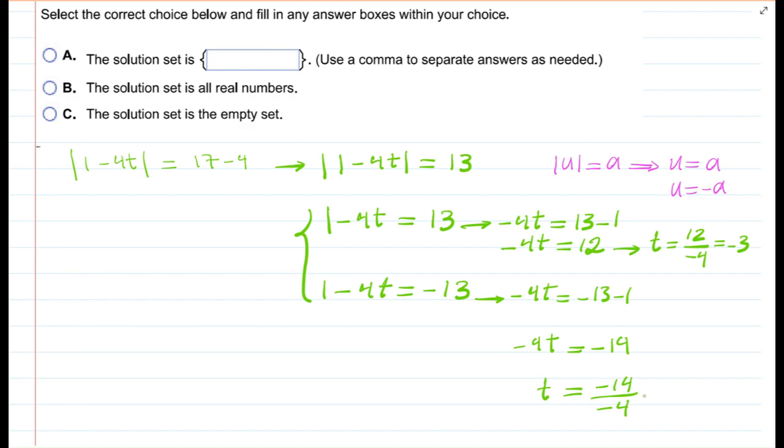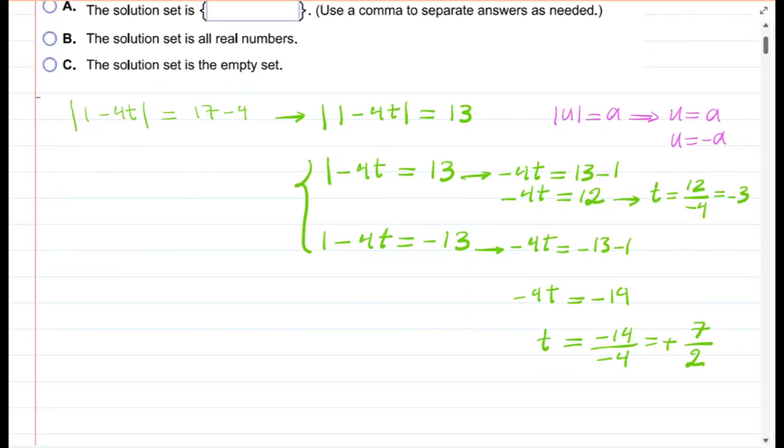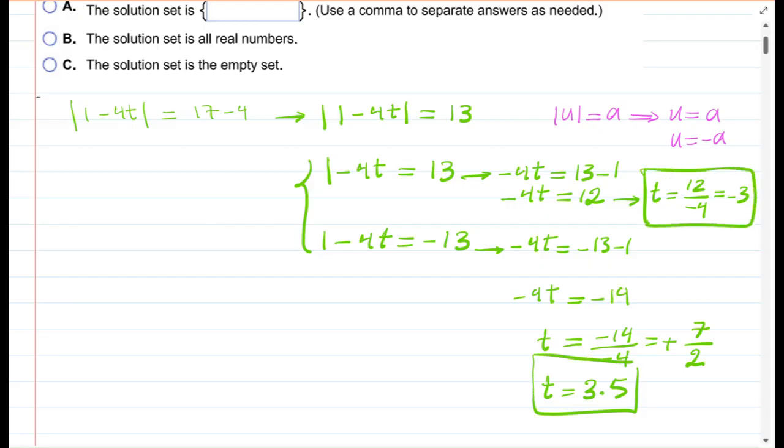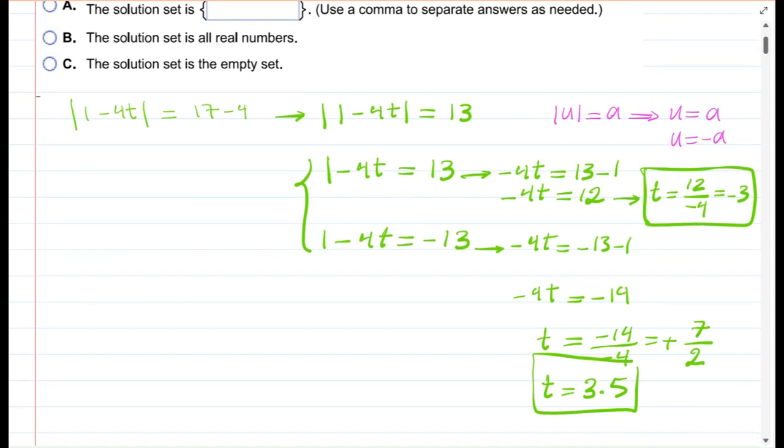Negative times negative is positive, and we can divide 14 and 4 by 2. So numerator becomes 7 and denominator is 2. 7 halves is t, or you may want to simplify, 7 halves is 3.5. There are two solutions for this equation. t equals negative 3 and t equals 3.5.